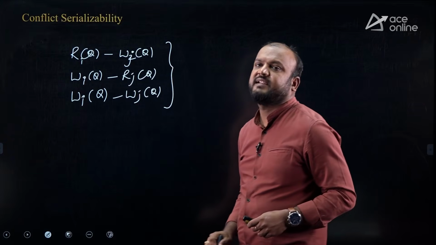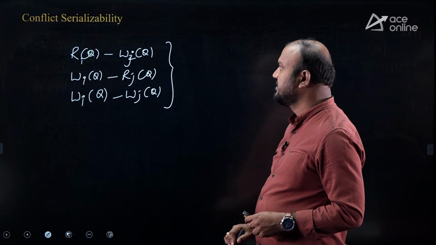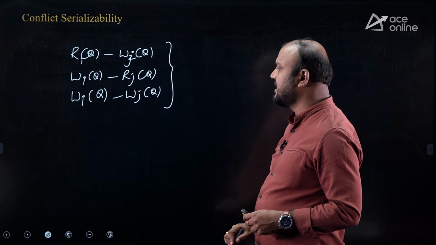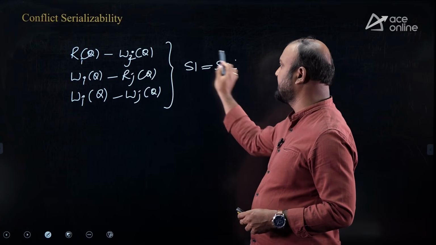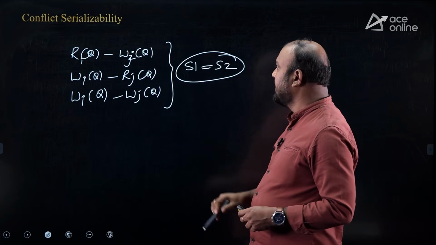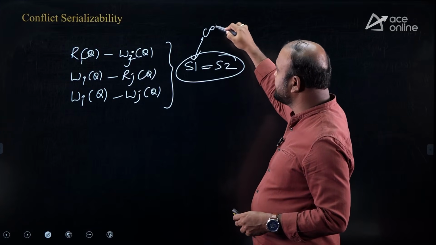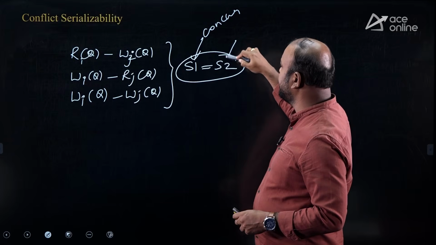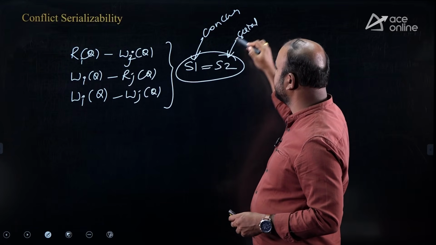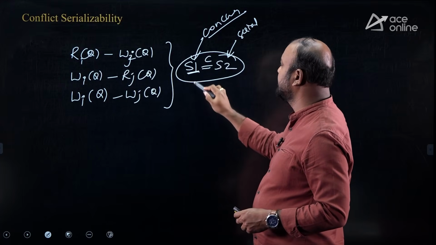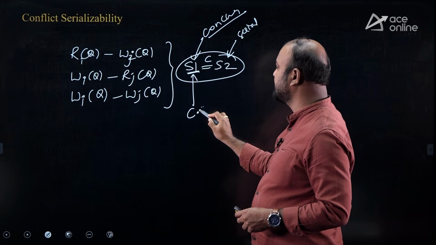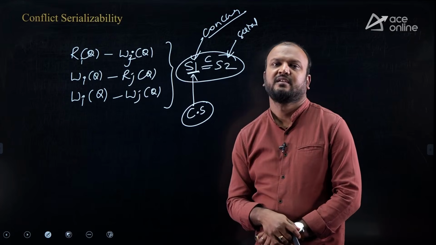If these conflicts are the same in two schedules, then the two schedules are conflict equivalent. And assuming one schedule is a concurrent schedule and another is a serial schedule and both are conflict equivalent, then this concurrent schedule is said to be a conflict serializable schedule.